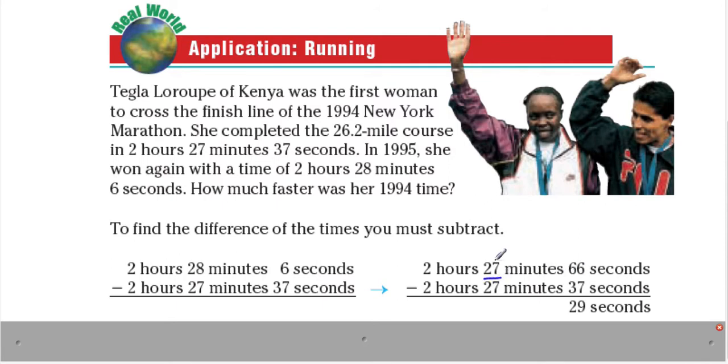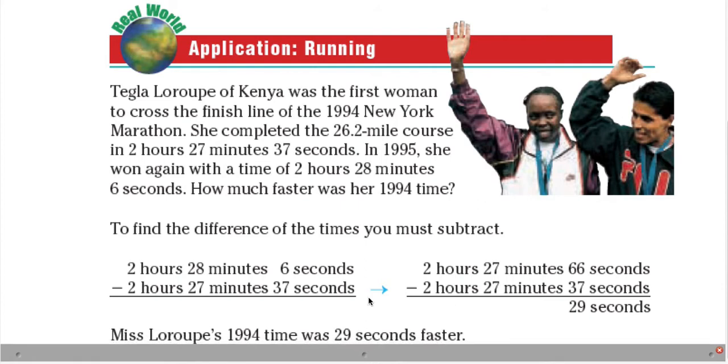And the 60 seconds, or the 1 minute that we borrowed, we added to 6 seconds. That made it 66 seconds. Now you can subtract 37 seconds from 66 seconds. That's 29 seconds, 27 minus 27 is 0, 2 hours minus 2 hours is 0, so you end up with 29 seconds. So Ms. Loroupe's 1994 time was 29 seconds faster.